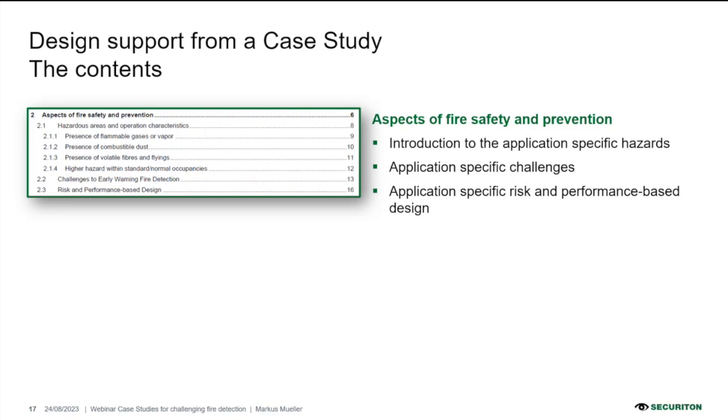So we speak of application-specific hazards, or in the case here, of hazards that occur in an intrinsically safe and hazardous area. We cover the, again, application-specific challenges that we face here, and we touch on the application-specific risk and risk design and performance-based design.